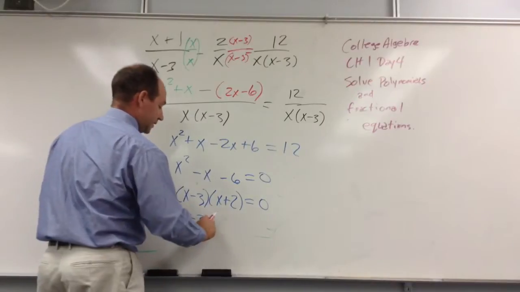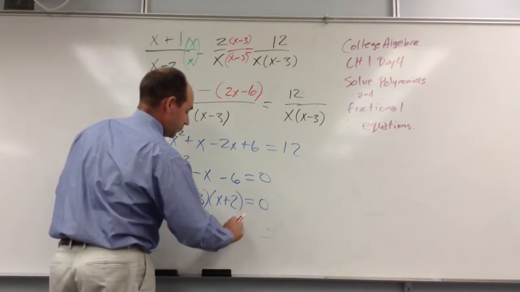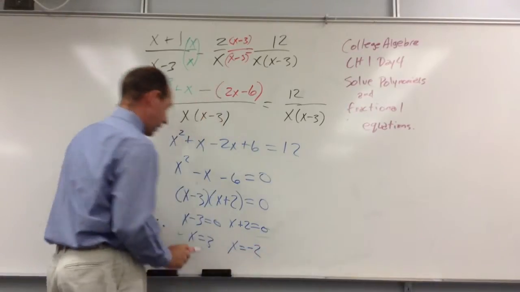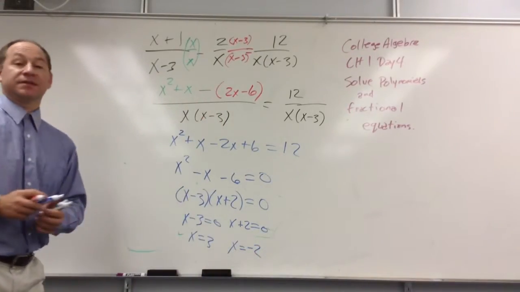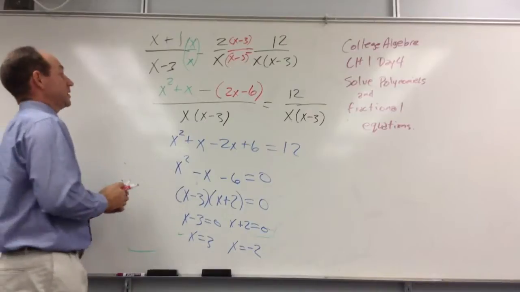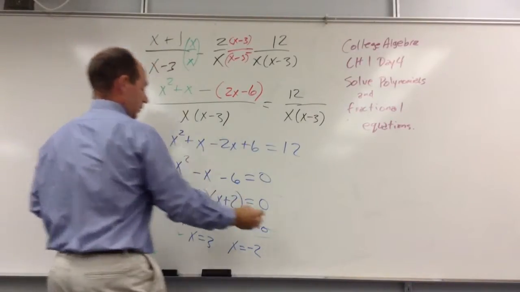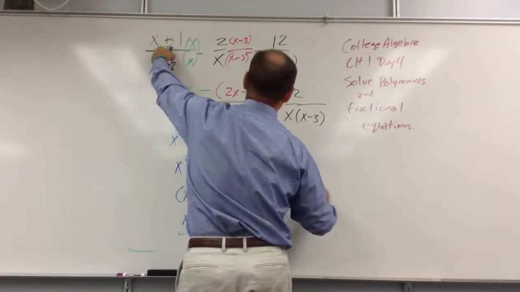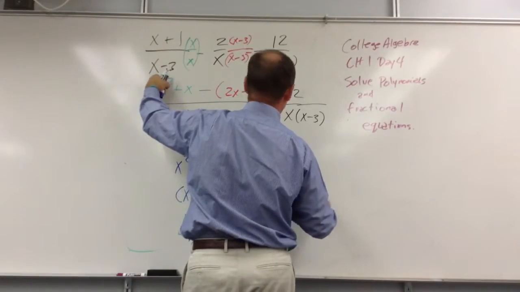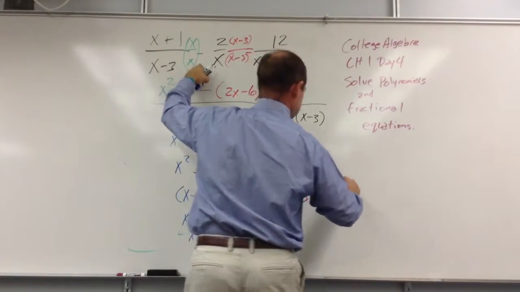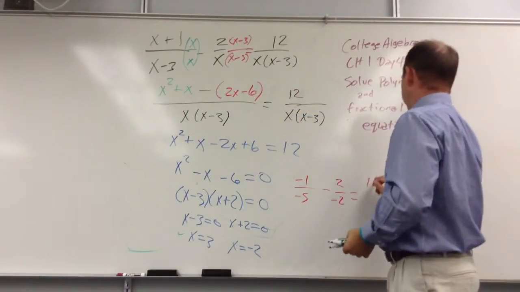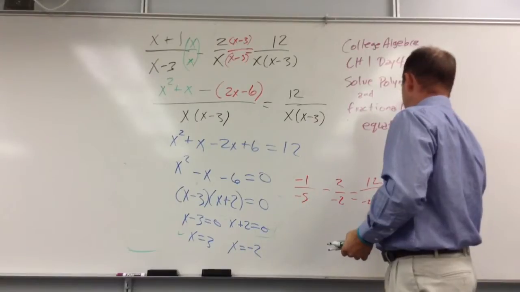So when is x minus 3 0? When x is 3. When is x plus 2 0? When x equals negative 2. Hey, let's go ahead and check these, all right? Let's make sure that x equals negative 2 will work. When it's negative 2 plus 1, I get negative 1 over negative 5, minus 2 over negative 2, and that should equal 12 over the product of negative 2 and negative 5.